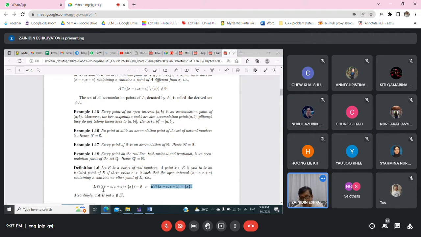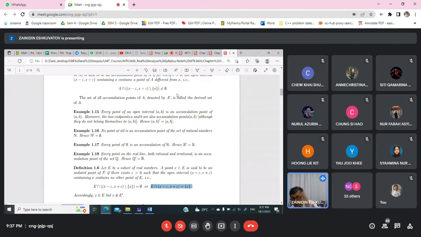Look, E intersected with the interval from X minus epsilon to X plus epsilon is empty apart from X for isolated points. This one is not empty. But this non-empty condition does not give that A intersected with this is not equal to X. No, we cannot say it like this.